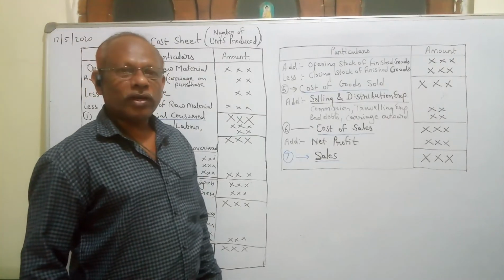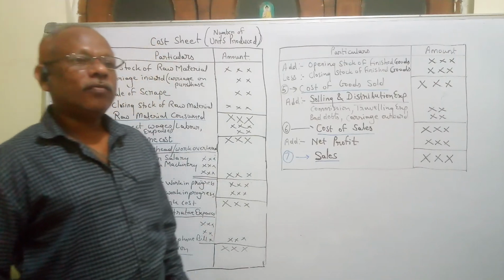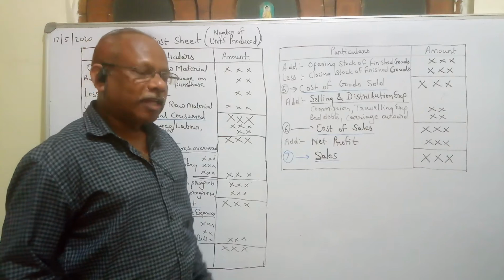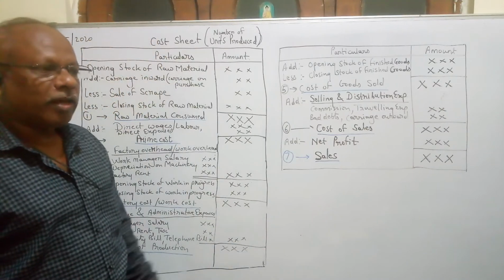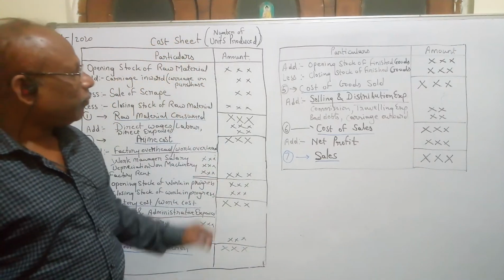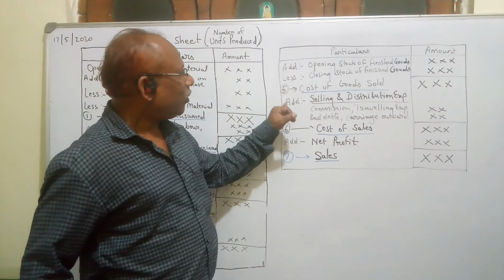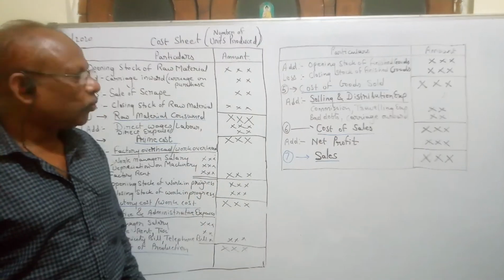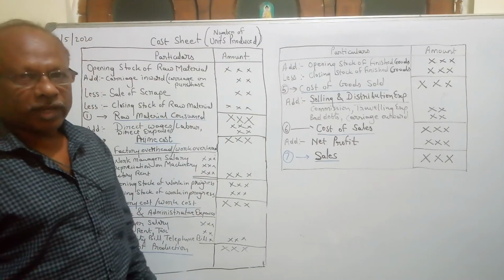And carriage outward. Carriage outward means the vehicle which goes out to sell; the expenses included in all the selling process are called carriage outward.